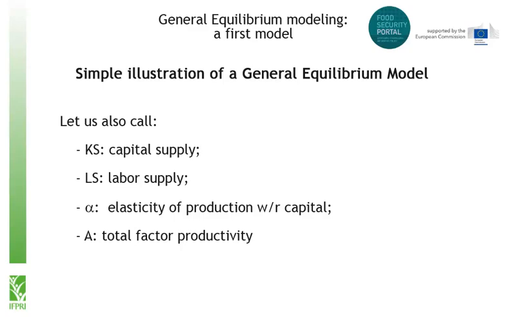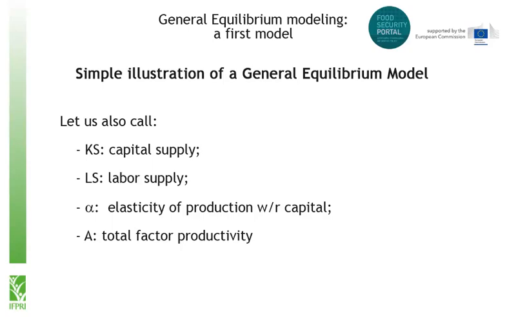Alpha is the elasticity of production with respect to capital. So it is something which is a parameter. It is in fact the result of econometric investigations or a review of the literature.